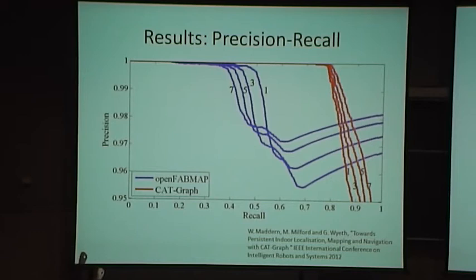And by the nature of the algorithm, you'd expect it to degrade. CatGraph, on the other hand, as we continue to build this network and make the connections, actually improved its performance over time. And you can see the trend towards improving performance as it heads out towards that right-hand corner.